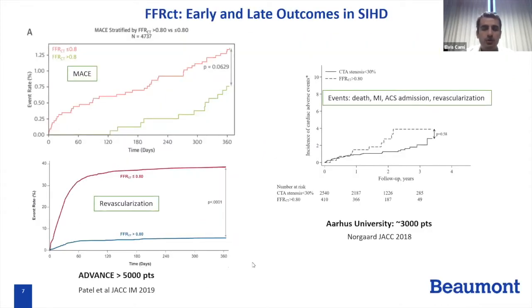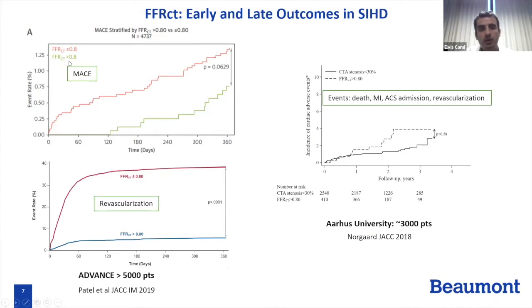This was a large registry, something called the Advanced Registry that includes about 5,000 patients, which we at Beaumont were part of, and followed patients for 3 years, essentially, and it divides them into positive FFRct versus negative FFRct. So FFRct less than 0.8, that ratio, that's considered positive.